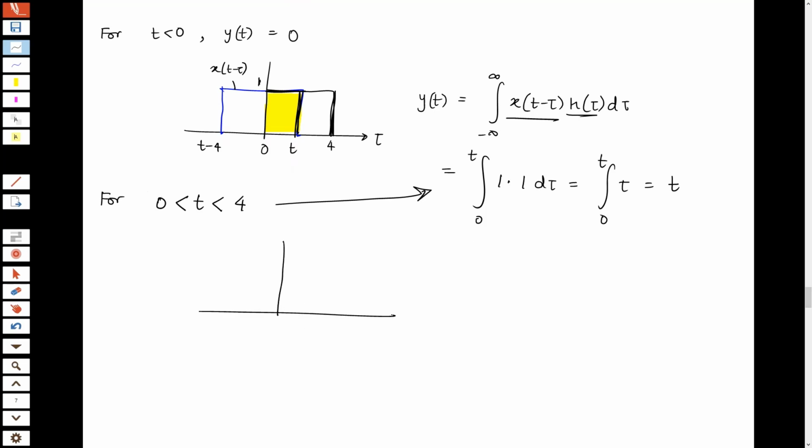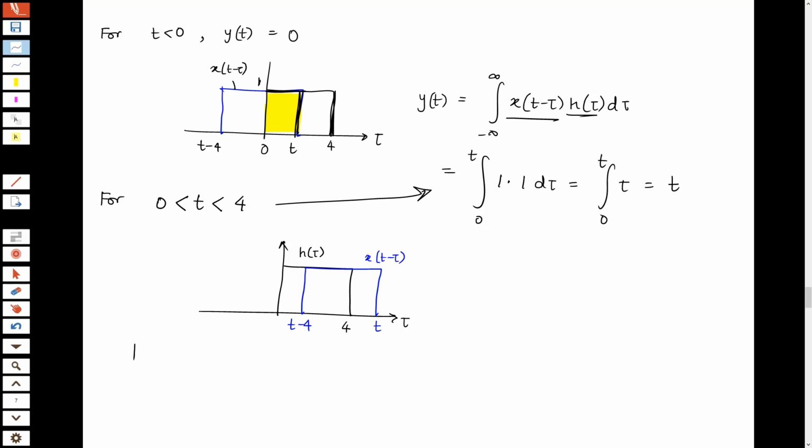Now, h(tau) is still standing where it was standing. But x(t minus tau) has become something like this. So this is t minus 4. In this case, what is the condition first?